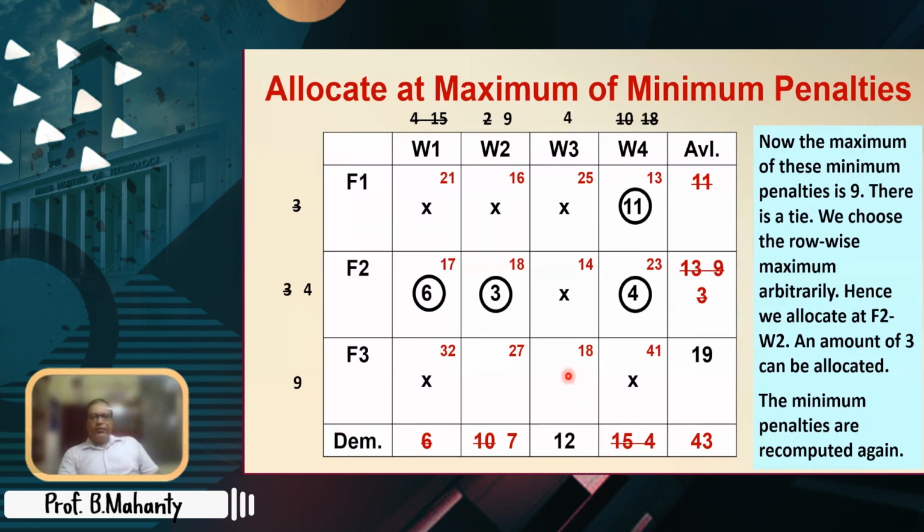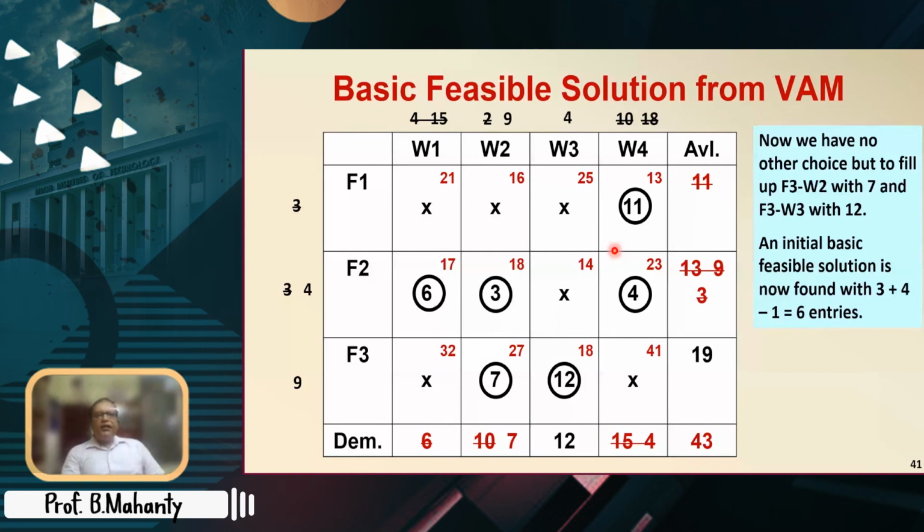So we have to make some entry here, and also here, because further calculation has no meaning. All right, so these minimum computations cease to be there, and now we have got the basic feasible solution from Vogel's approximation method. That has been obtained and this part of the job is done.